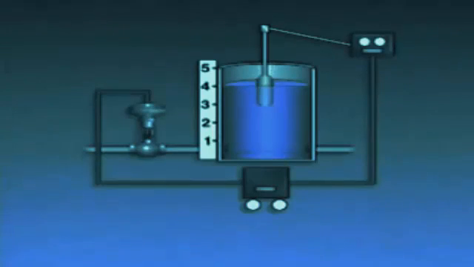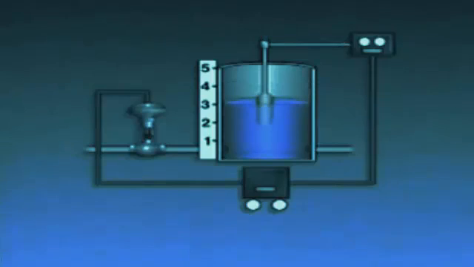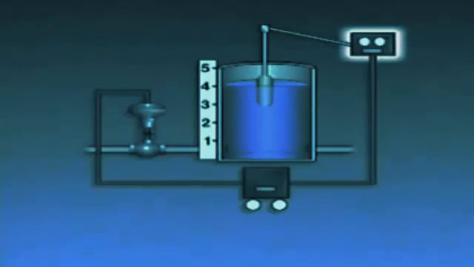This compensates for the decrease in demand that caused the water level to rise. As a result, the level returns to its original set point value of 3 feet. The transmitter is the measuring element in this system. It detects the position of the float and transmits a signal representing the level to the controlling element.